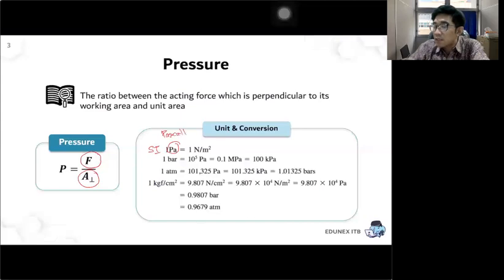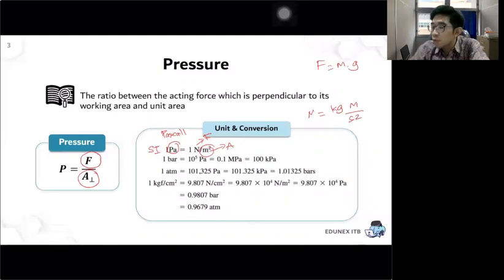Pascal is the same as Newton per square meter, because the Newton is the unit of force, and square meter is the unit of area. Or if you convert again, Newton is mass times gravitation.